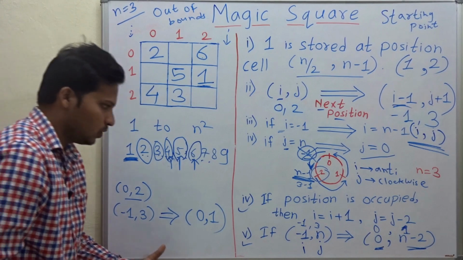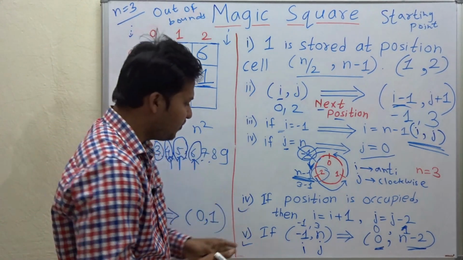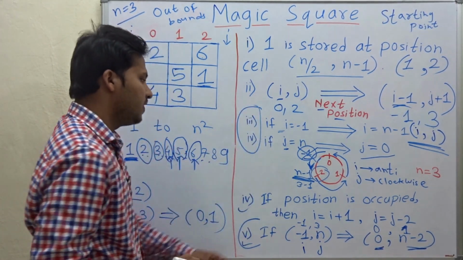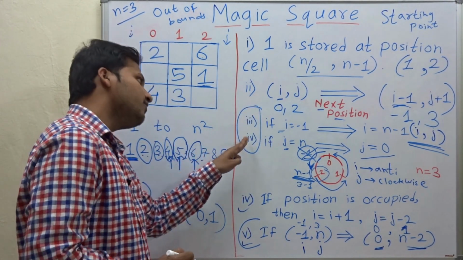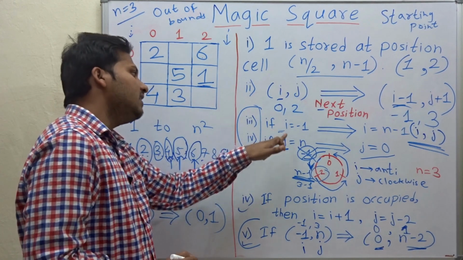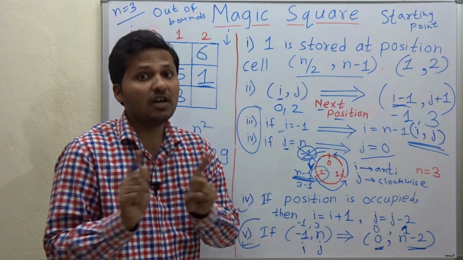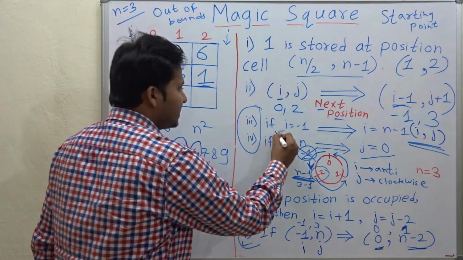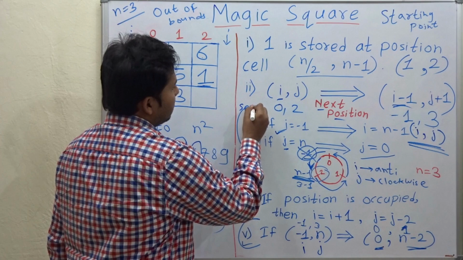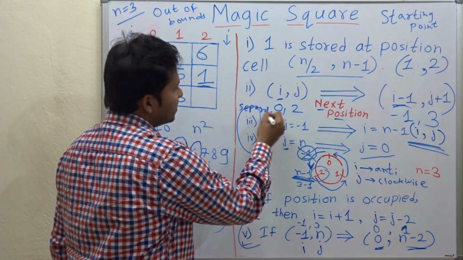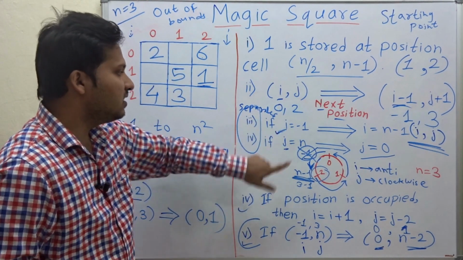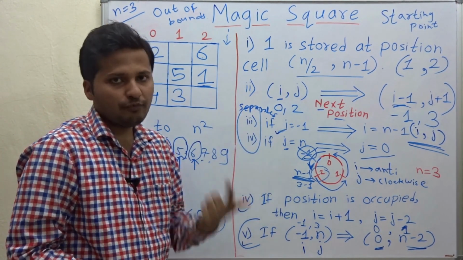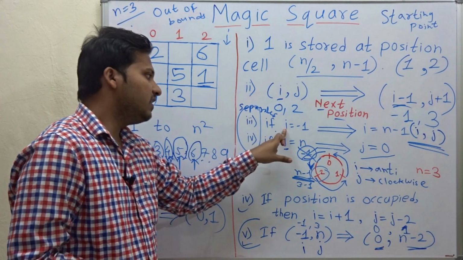Okay, so now is the time to tell the difference between the fifth rule and the third and the fourth rule. See, for the third and the fourth rule, i and j were not becoming out of bounds at the same instant. They were separate. Okay, sometimes i was out of bound but j was valid, and sometimes j was out of bound but i was valid.